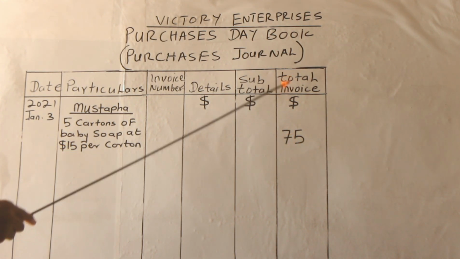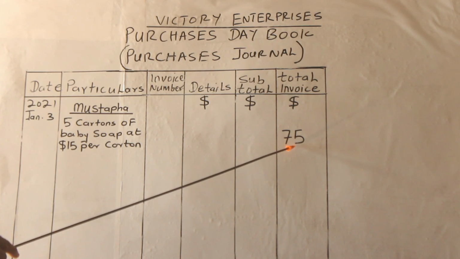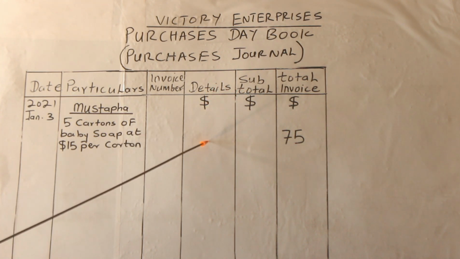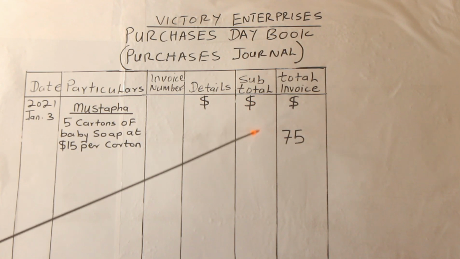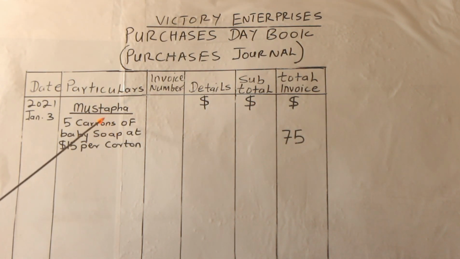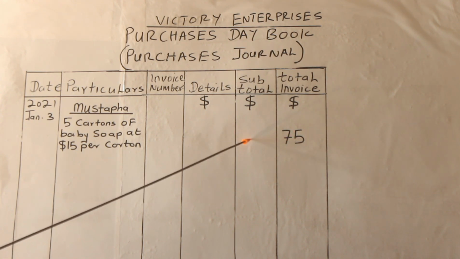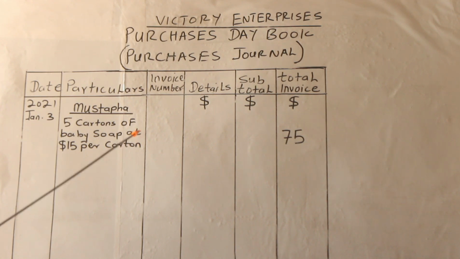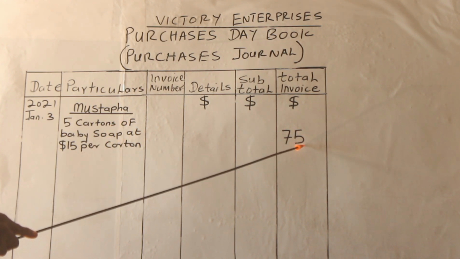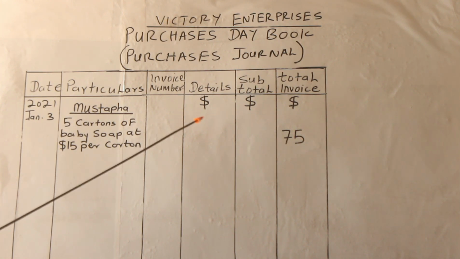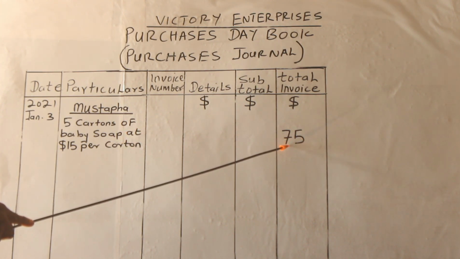We take it to the total invoice column. There is no need for details and there is no need for subtotal since this is just the transaction. You can also include this 75 here as details and even include it as subtotal, but to save time, we take this transaction straight to the total invoice column since there are no adjustments to be done in relation to this $75.